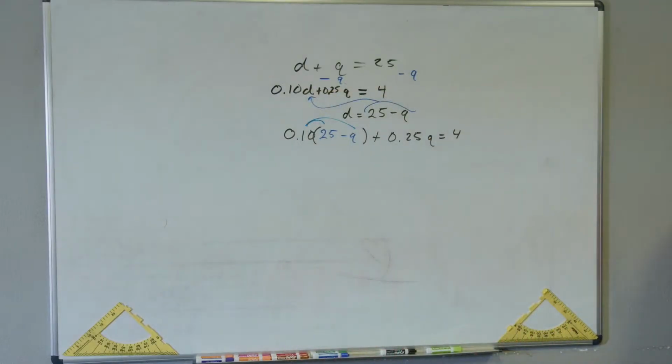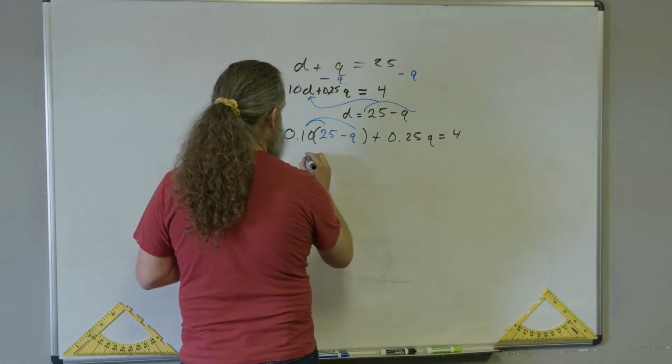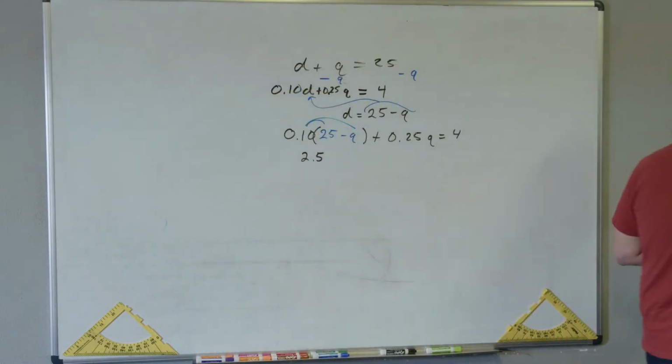What is 0.10 times 25? What is 0.10 times negative q?